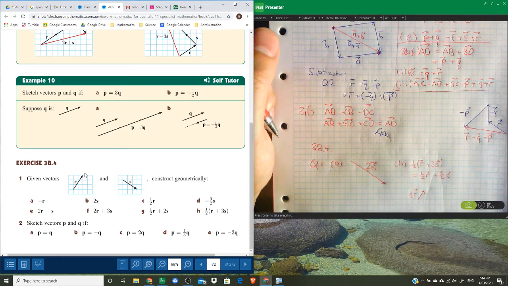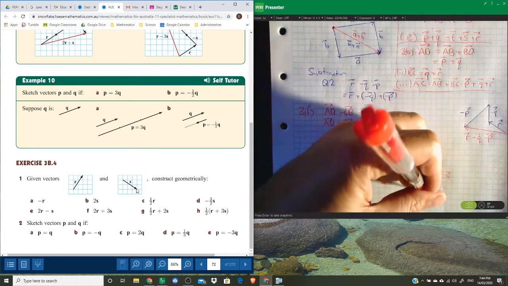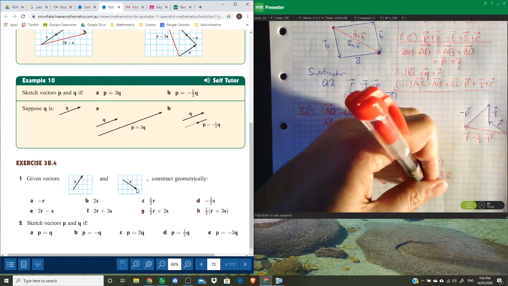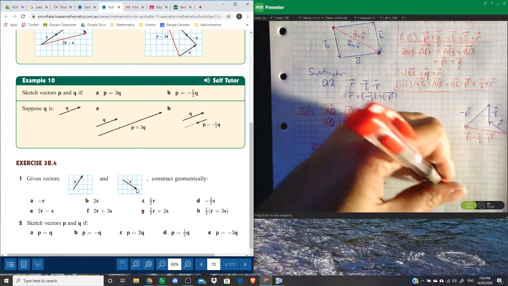And okay, then we've got 3 halves S. So S is 3 to the, yeah, it's going to get messy. So 3 halves, 3 to the right, times by 3 is 9 divided by 2, it's 4.5. 1, 2, 3, 4.5.